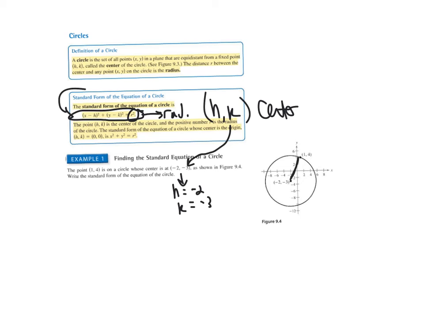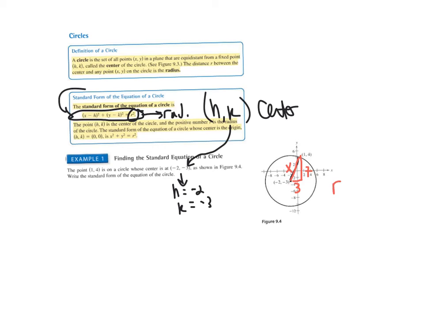So what I like to do is use the distance formula, or what's very similar to the distance formula, but a little easier, the Pythagorean theorem. I'm looking for my radius, but now I know between -2 and 1 is 3. Between -3 and 4 is 7. So then I can use the Pythagorean theorem to solve for my radius.